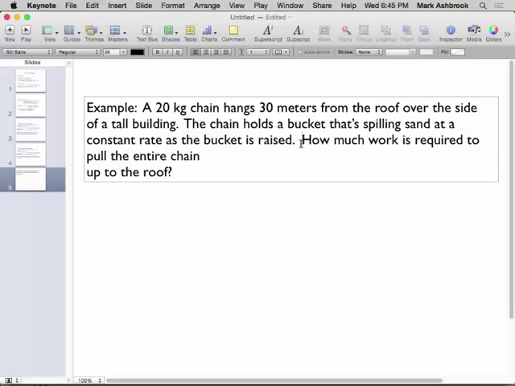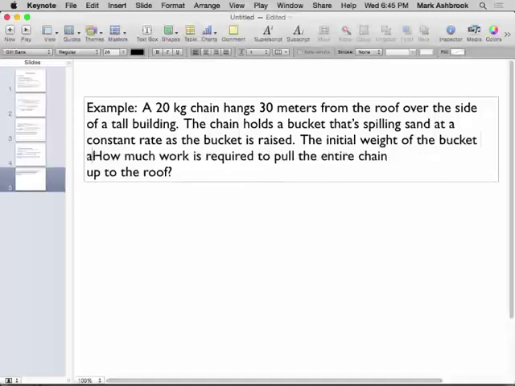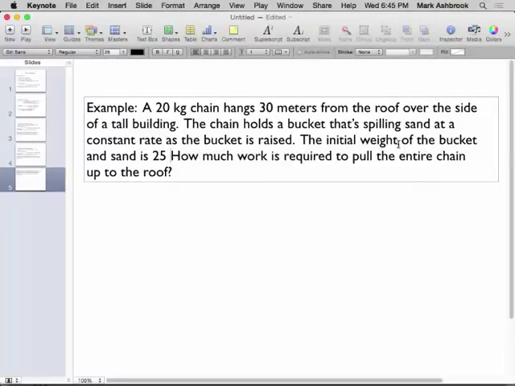Okay, so the initial weight of the bucket and sand (25 kilograms) and the 5 kilograms. That's mass.